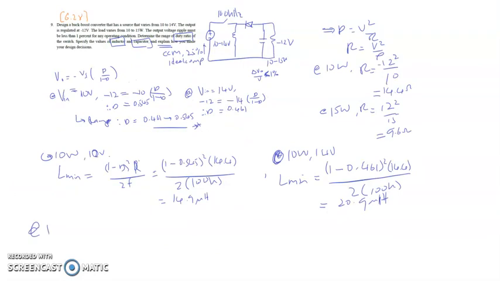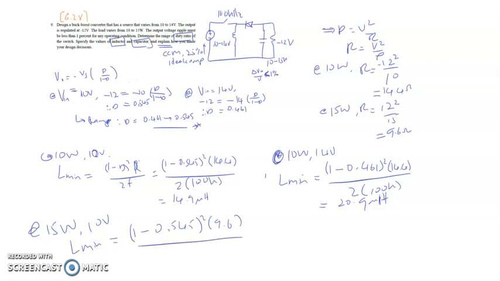Okay, next for the 15 watt condition, at 10 volts incoming. What is the minimum inductor value required for the circuit to maintain CCM?